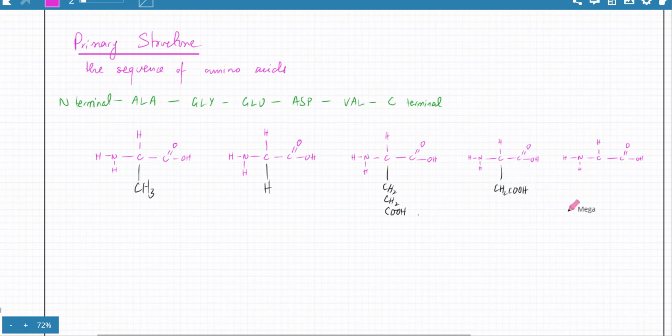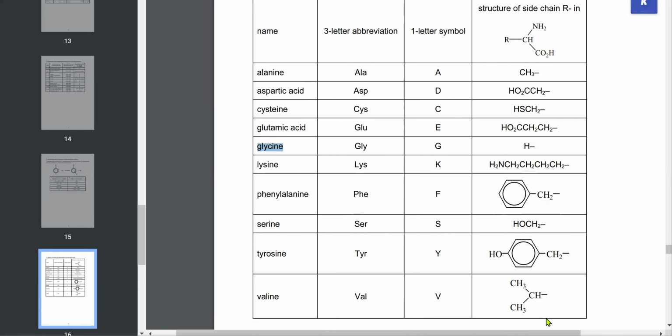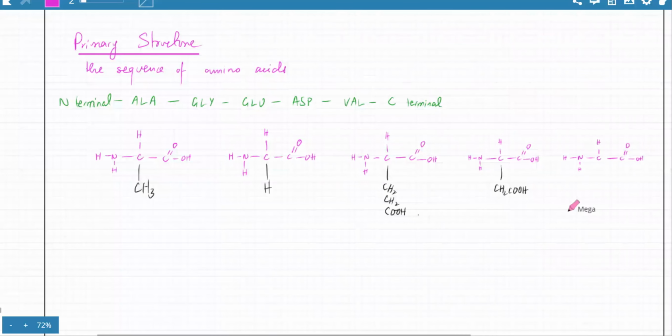And the last one, we check कर लेते हैं. Valine, aspartic is this one, yes. Valine is at the bottom. It's CH with 2 CH3 branches.